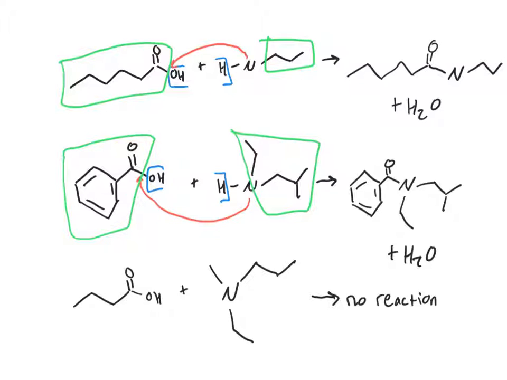Pause the video if you would like, and think about this for a minute. Think you've got it? That's right. There is no hydrogen on a tertiary amine to form our water. Therefore, the group transfer reaction cannot occur, because that water formation is one of the driving forces of this reaction. Without that hydrogen on a tertiary amine, we get no reaction.